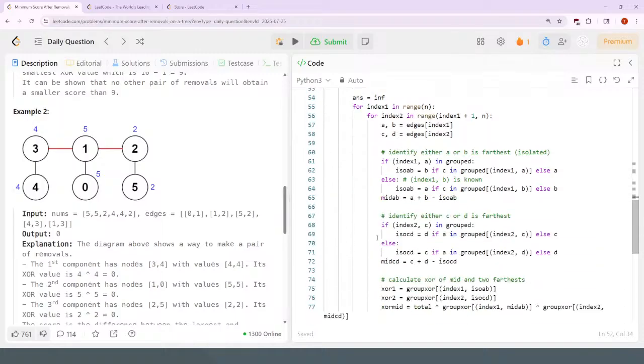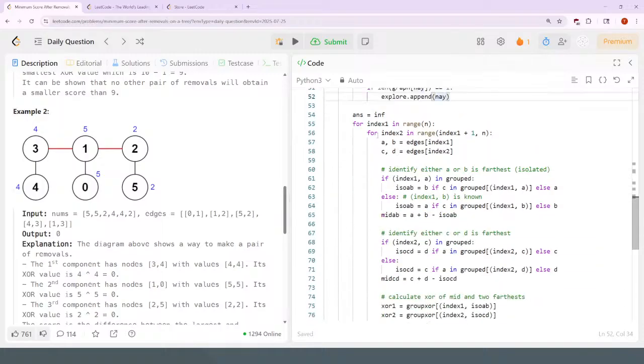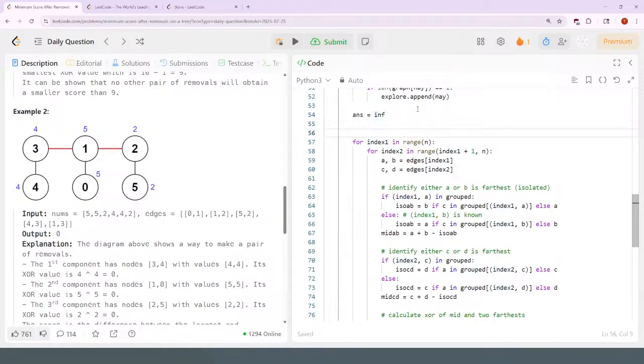And then the second part would be calculating the answer based on those determined XOR values or group values. So for every pair of indices, basically this is select any 2 edges to be removed. So index 1, index 2 are the 2 edges.